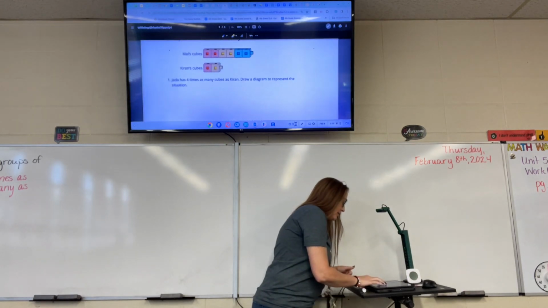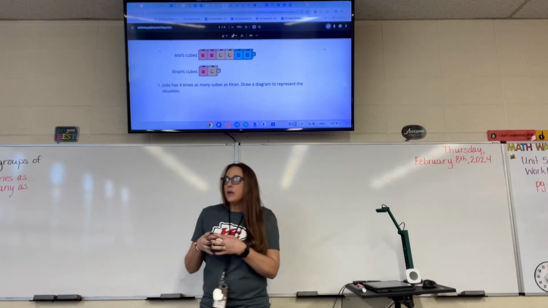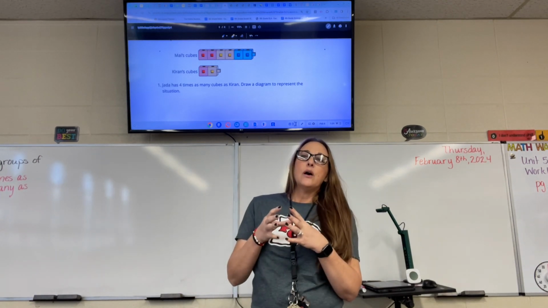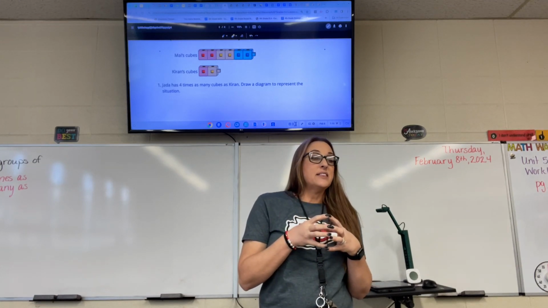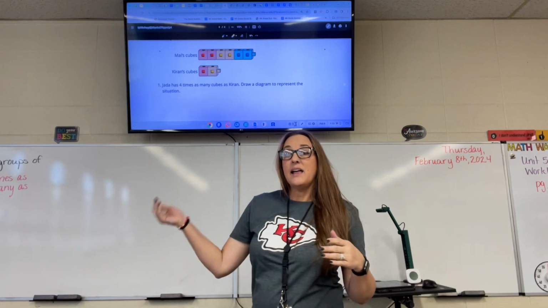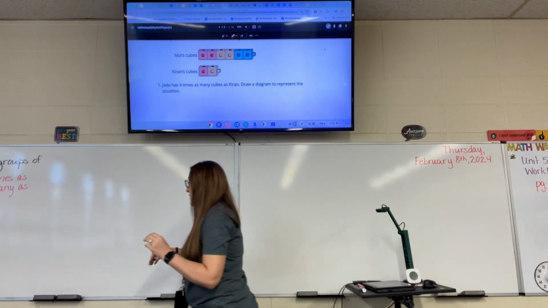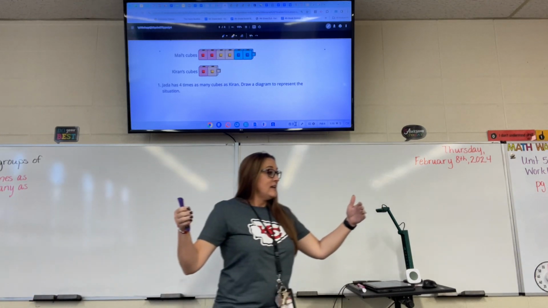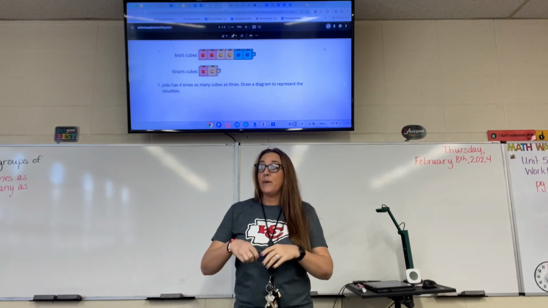So, this shows Mai's cubes and Kieran's cubes. If you will recall yesterday, I told you guys when I taught this lesson in the last math series, they would have a sentence and you would just translate it into an equation.